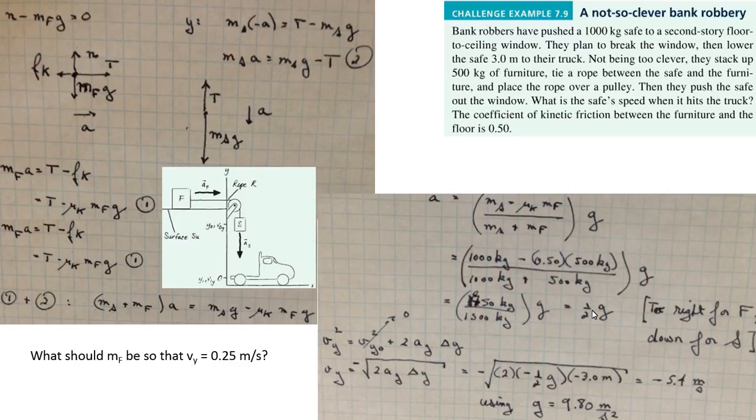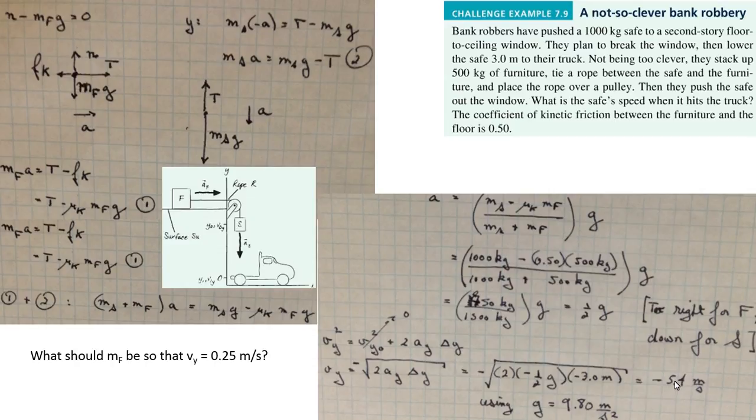So this is the magnitude for A, but since it's a downward A, I'm going to bookkeep a minus sign here, and also because delta y is downward displacement, I'm going to bookkeep a minus sign for the 3 meters. And so if we figure that out, that's minus 5.4 meters per second. That's going to be the velocity with which the safe hits the bed of the truck. And again, I'm using g equals 9.8.